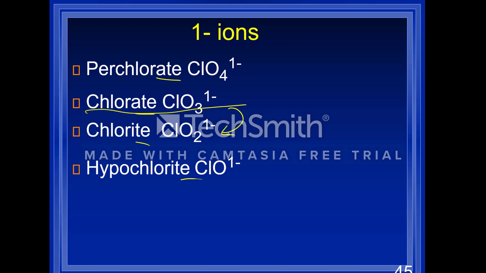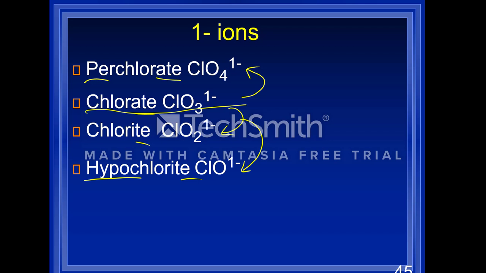And to a chemist, the prefix hypo means even 1 less oxygen, and per means 1 more oxygen. So chlorate has 3 oxygens, chlorite has 2, hypochlorite has 1. Perchlorate has 1 more, which is 4. Those patterns carry over. If you look at your yellow sheet, there's also bromate on the list. You see bromate there? What would bromite be?